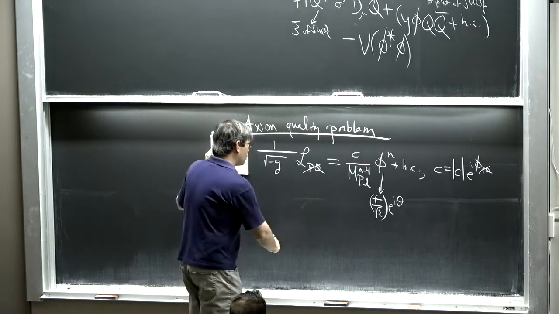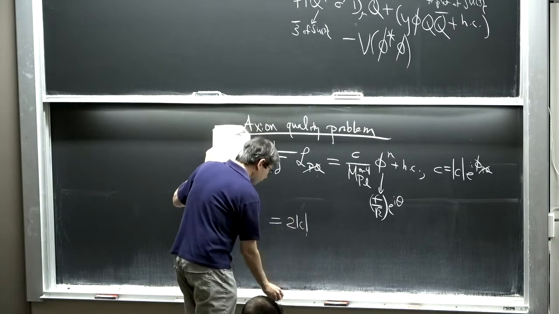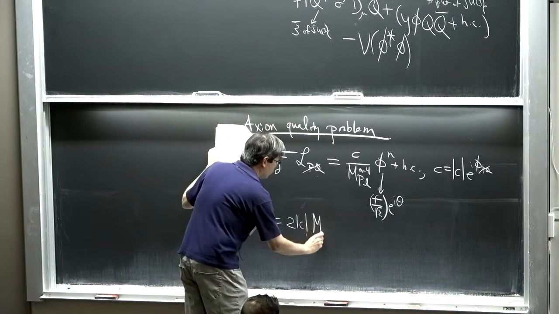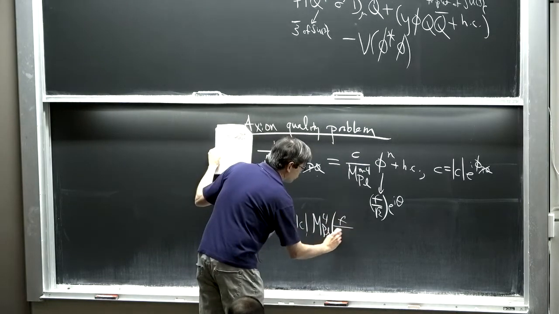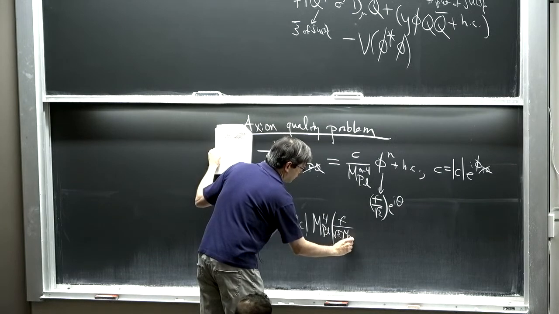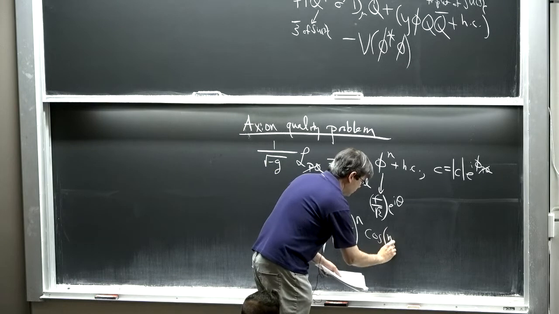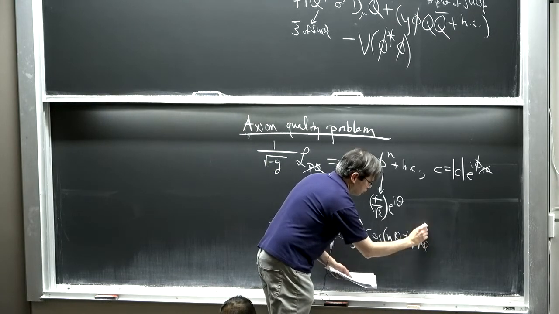We get some term 2 times the absolute value of c, m_Planck to the 4th, f over square root of 2 m_Planck to the n, cosine of n theta plus phi_PQ-slash.